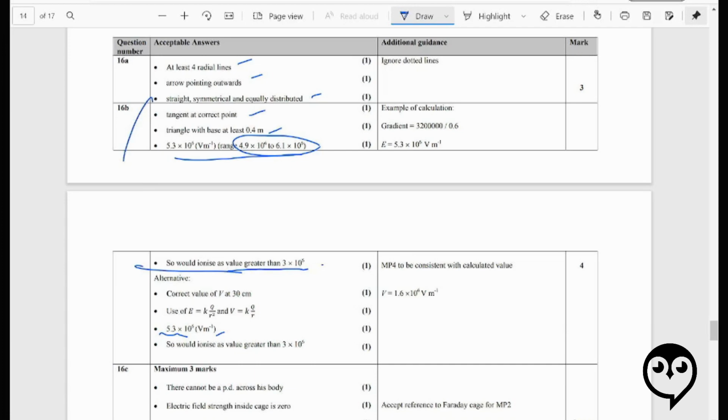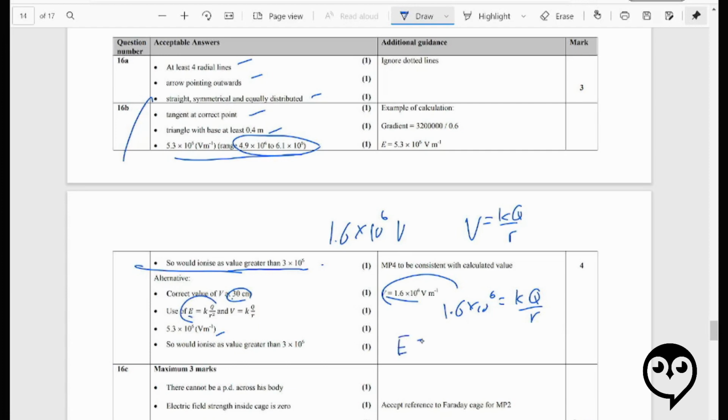An alternative method here, correct value at 0.3. You could have done this. 1.6 times 10 to the 6 volts is the electric potential at this distance here. And you could have said, we also know that electric field strength is this potential gradient.